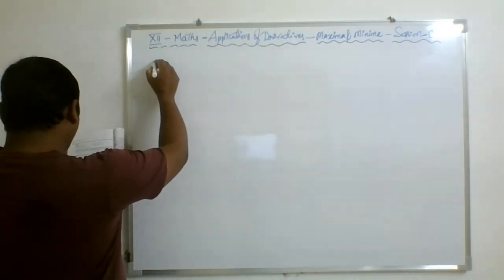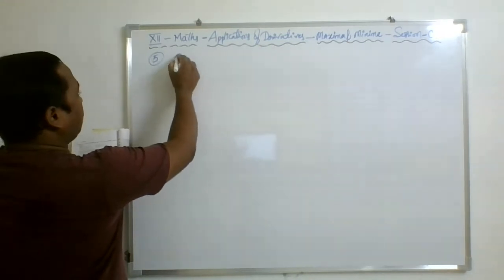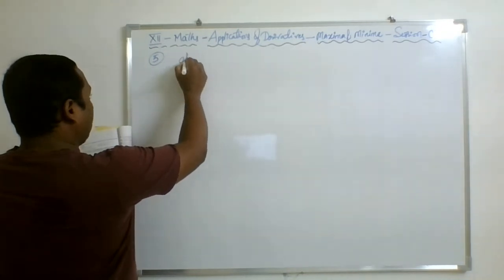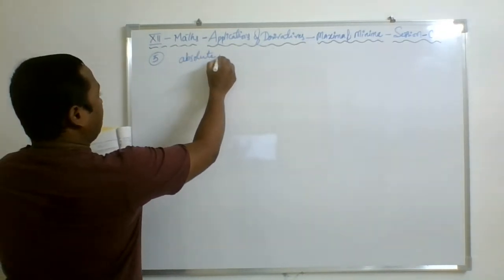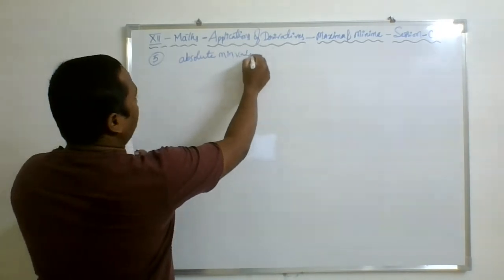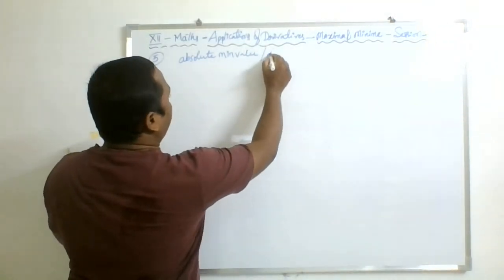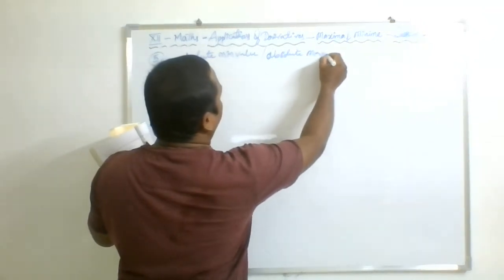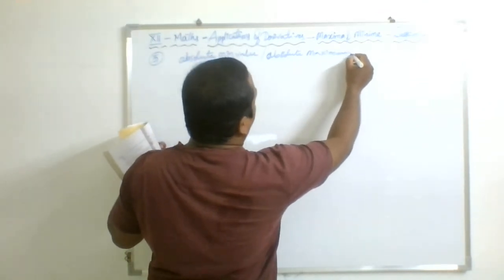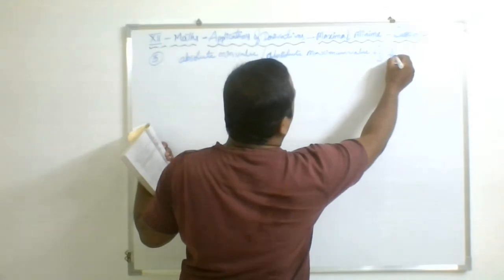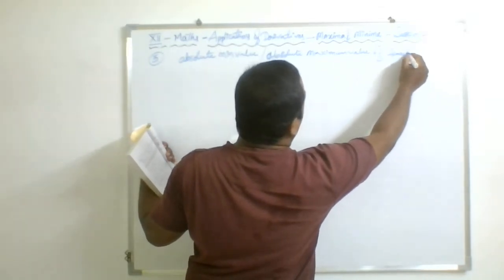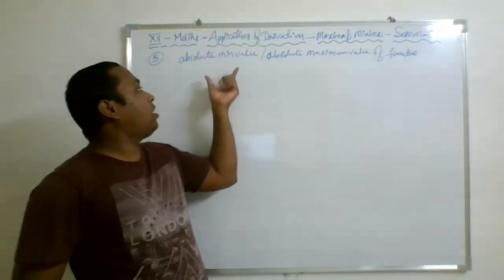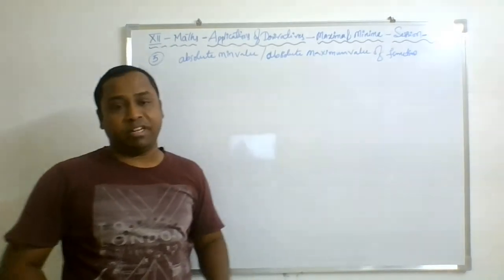Now the question is, we need to find the absolute minimum value or absolute maximum value of the function. Only we are intended to find the absolute maximum value and absolute minimum value.